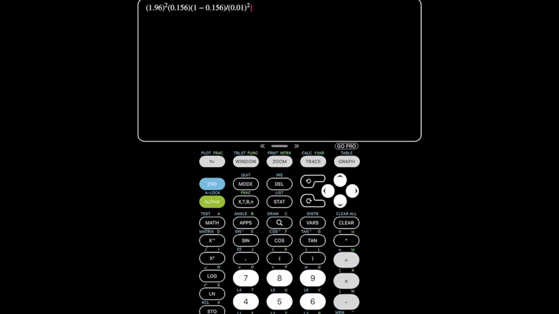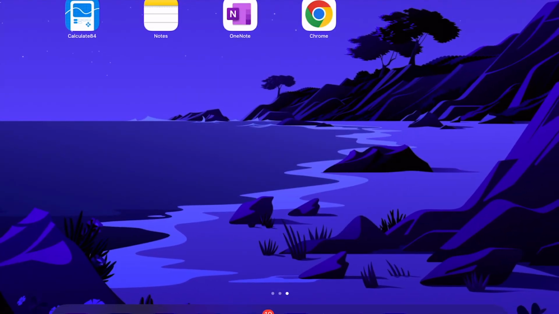If you write it like this, the calculator will do the correct order of operations, and we get 5,058.004.